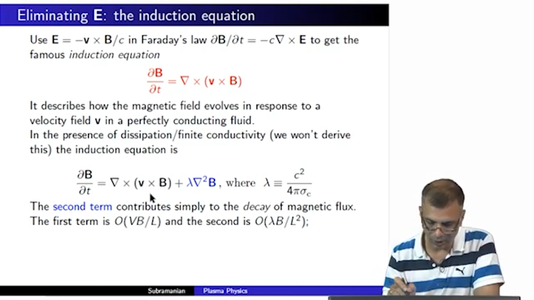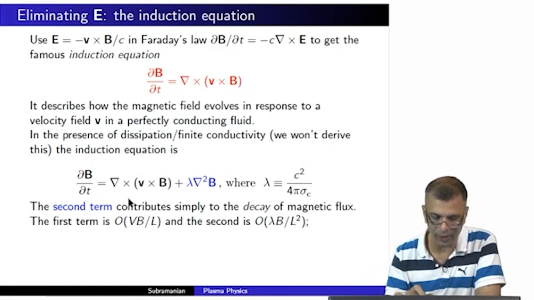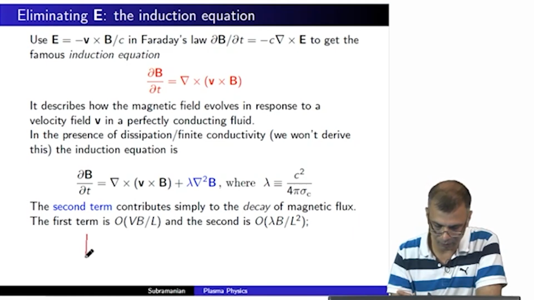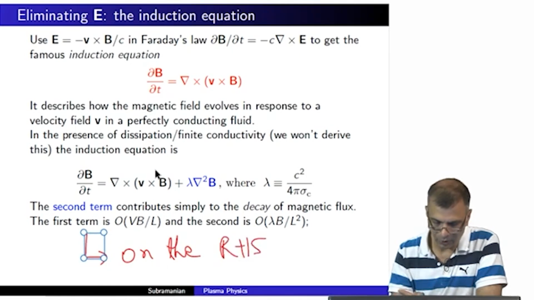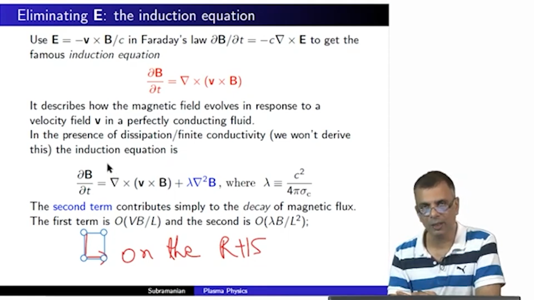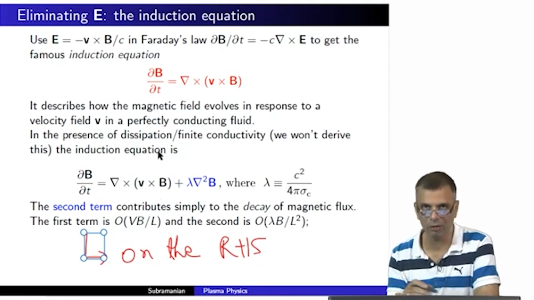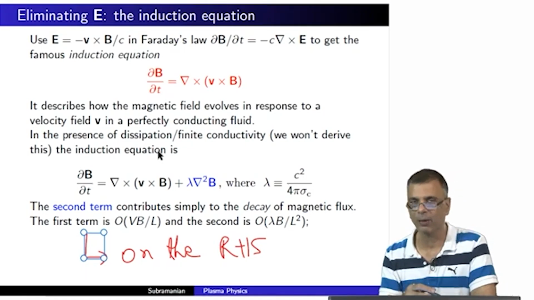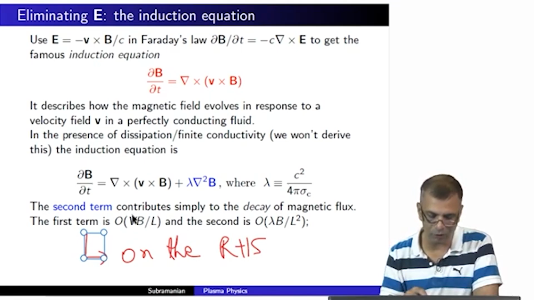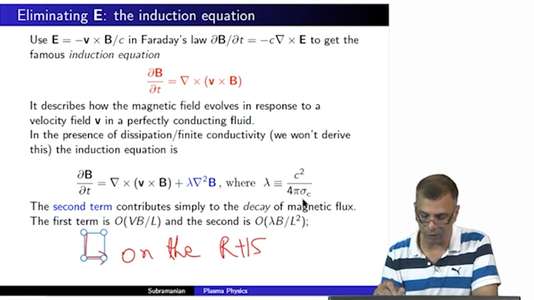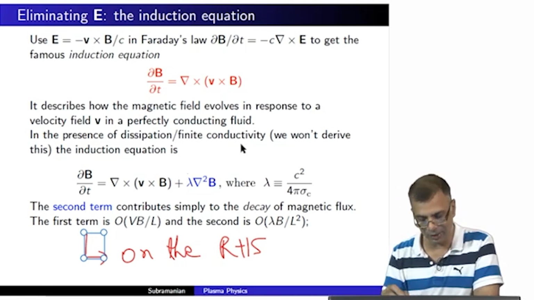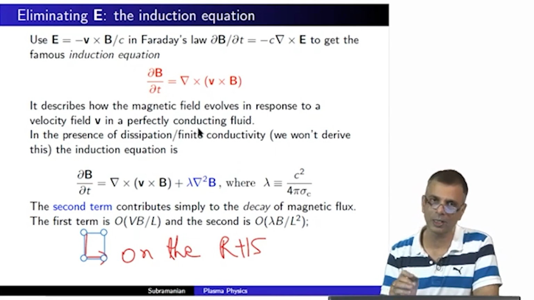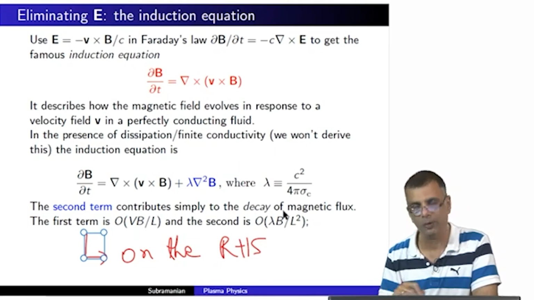The first term on the right hand side is some kind of V times B, and this curl is a differentiation, so it is a d over dx kind of thing, which can be approximated by 1 over L. So, this first term is of order V B over L. The second term, we do not bother about the dimensions of lambda, we keep lambda as it is, and the B as it is, and since this is a del square, this would be something like a d square over dx square, and therefore, that is represented by L square here.